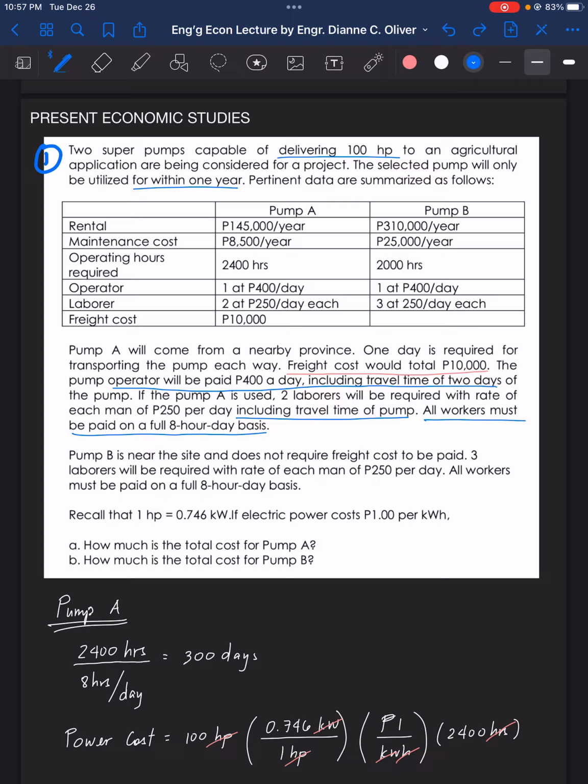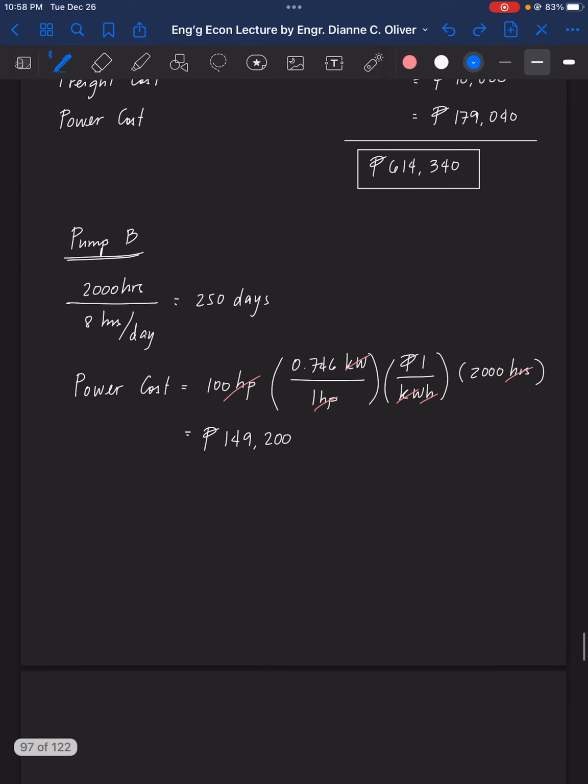Then the 3 laborers will be required with rate of each man of 250 pesos per day. Since there is no travel time here, therefore, the number of days required for these men to work is only 250 days. So there is no additional days.